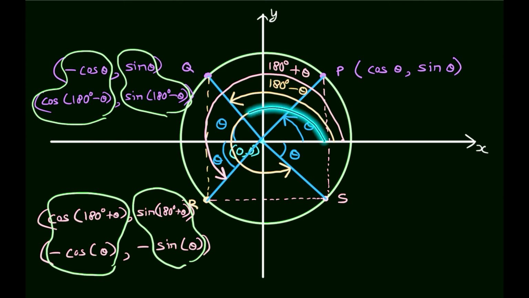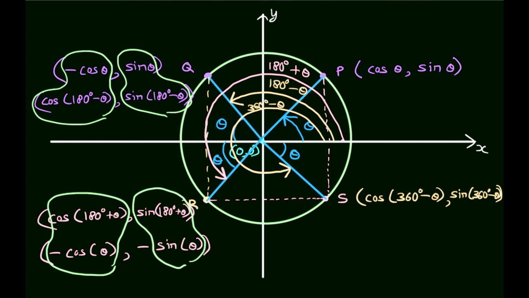We know that a full circle makes 360 degrees, and we need to subtract this angle theta from 360 degrees in order to get this much of angle. So this much of angle will be 360 degrees minus theta, right? Because this angle is theta. So this will be the anti-clockwise angle for point S. So I can write the coordinates of point S as cosine of 360 degrees minus theta, comma, sine of 360 degrees minus theta.